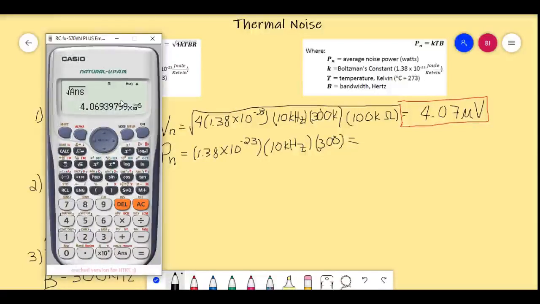Let's try to calculate that. Again, we have 1.38 exponent -23 multiplied by 10 kilohertz, so that would be exponent 3, multiplied by 300, which gives us 4.14 times 10 to the -17. Press ENG. So that would be around 41.4 times 10 to the -18.